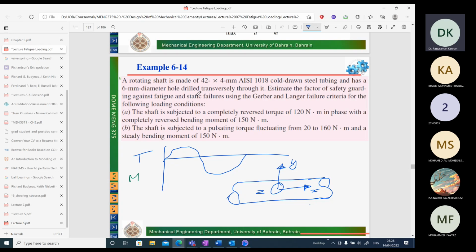Once you fix these directions, then you obviously know that your normal stress is sigma xx, and depending upon the point you choose, either on the top of the shaft, on the surface of the shaft, because of torque, you might have tau xy or tau xz or tau x theta in a general direction.